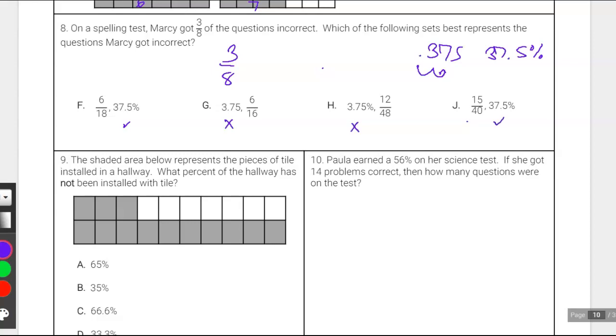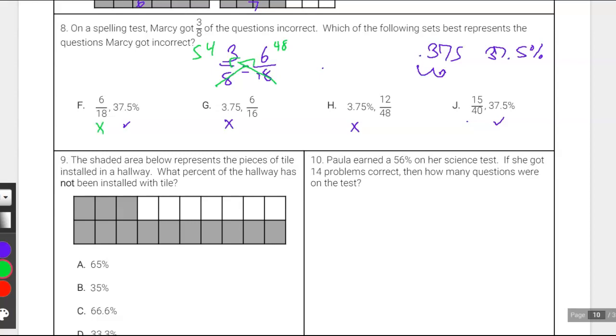So I'm looking at 15/40ths and 6/18ths. I need to see if 6/18ths is equal. Since I have an equal sign here, I can cross multiply. 18 times 3 is 54. 8 times 6 is 48. Those are not equal.